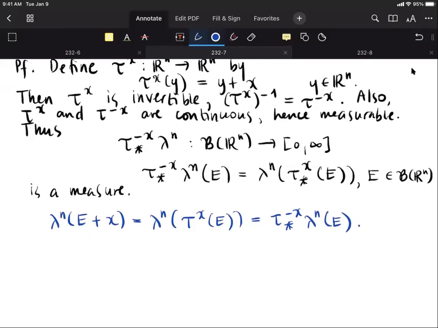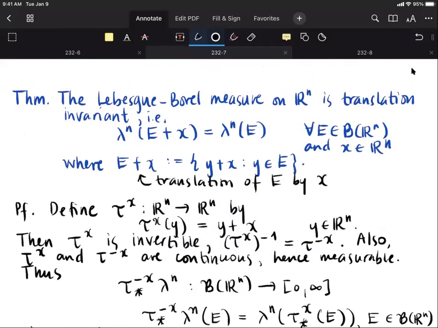So therefore, in this case, if we want translation invariance, we need to show this.